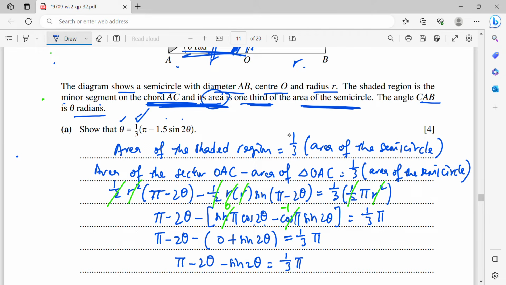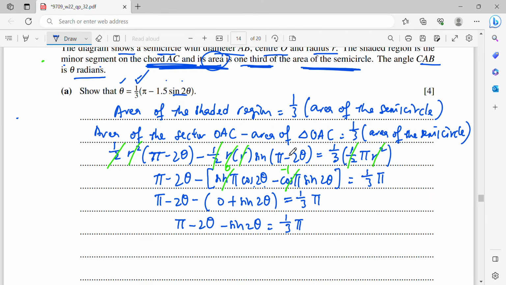Here is our 1/3 pi. Now you need to get 2 theta as the subject. Then I will get 2 theta equals 1/3 pi minus pi, then plus sine 2 theta. So 1/3 pi minus pi is basically negative 2/3 pi. Okay, let me check. This is theta.